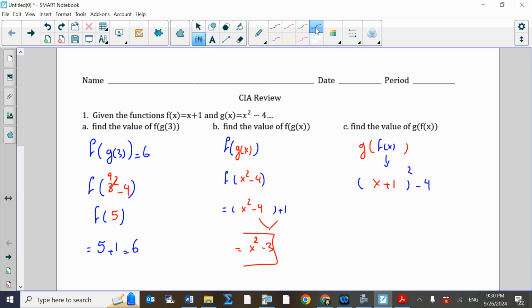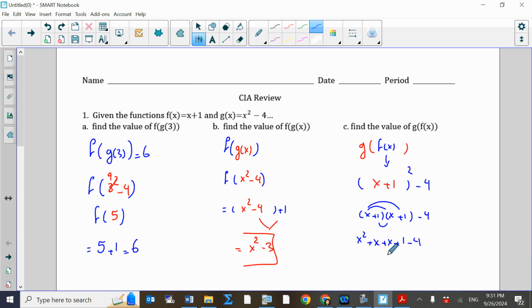However, we want to simplify that. X plus 1 squared is x plus 1 times itself. And I have a minus 4 here. Distribute: x times x is x squared, x times 1 is x, 1 times x is x, and 1 times 1 is 1. And I have a negative 4 here.